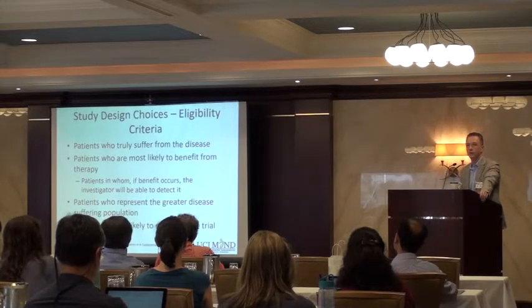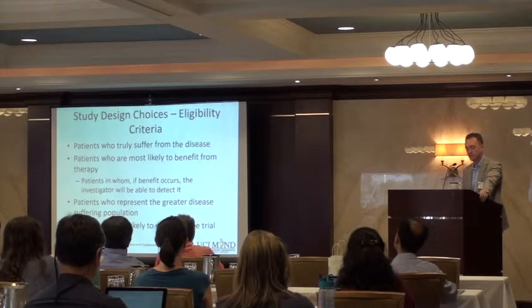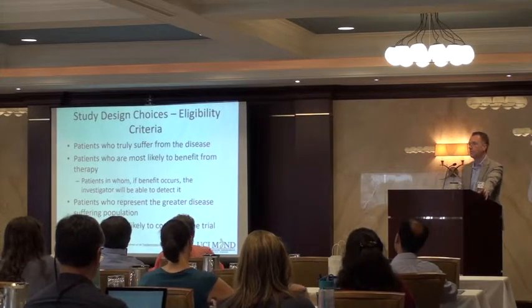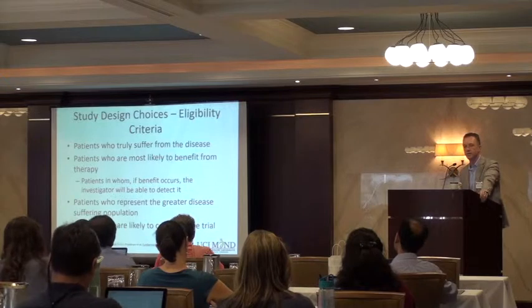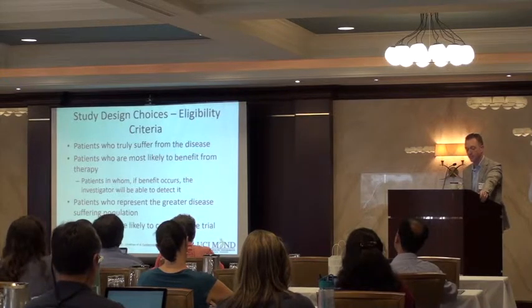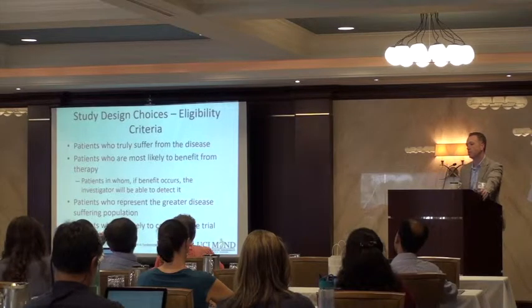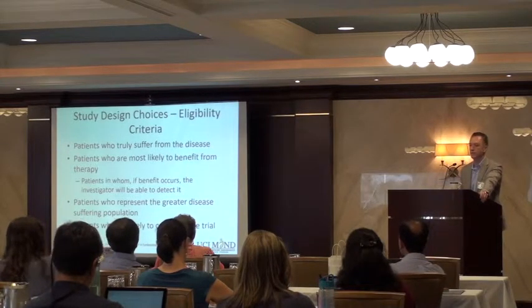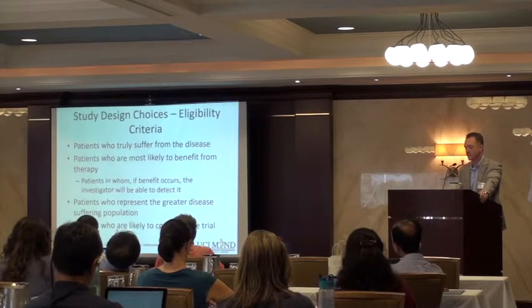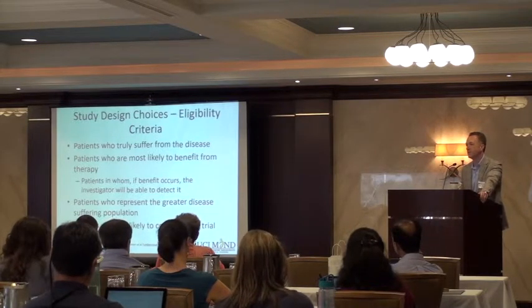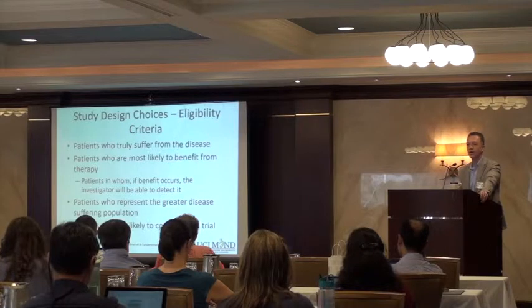Obviously, you want to include patients who certainly suffer from the disease of interest. In order for your trial to succeed, you want to enroll patients who are most likely to benefit from that therapy. But you also want to enroll patients who will give you data that's generalizable to others who suffer from this disease. This becomes a bit of a competing interest that you have to consider when designing your trial.